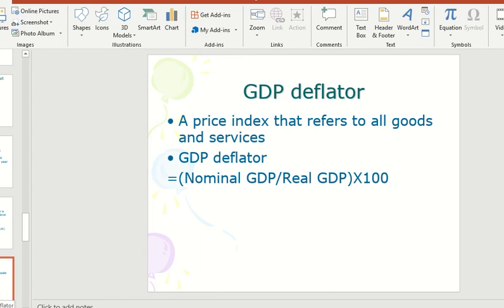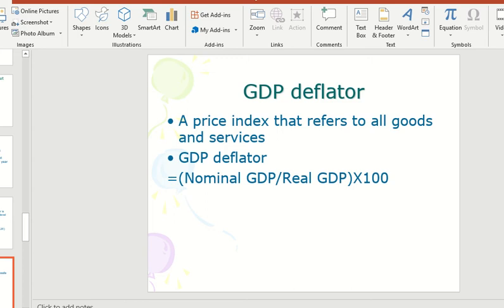While we are talking about real output and nominal output, I would like to introduce an additional price index. Previously we talked about CPI, which is the commonly used price index. Now let's look at another one, the GDP deflator.